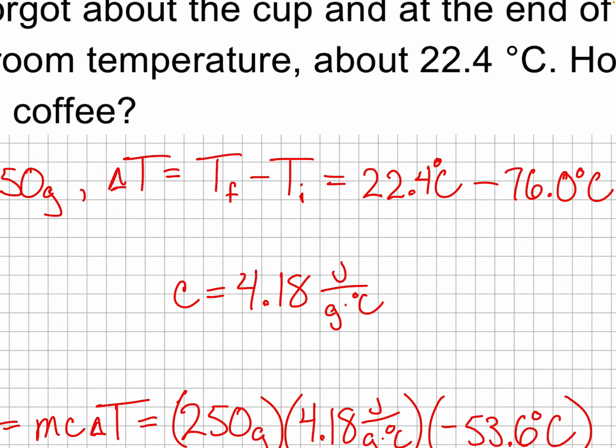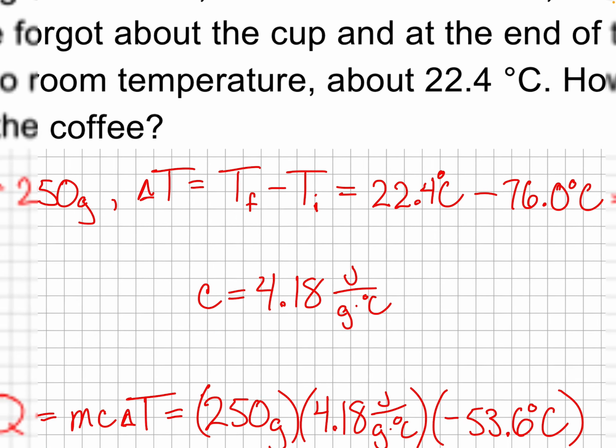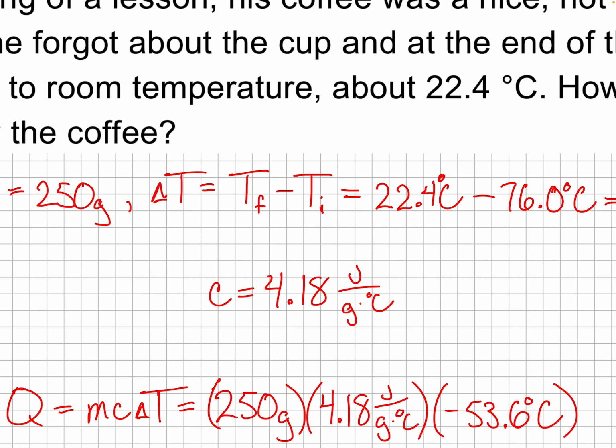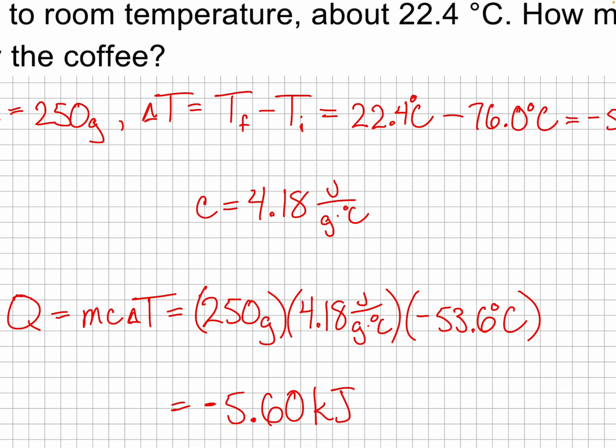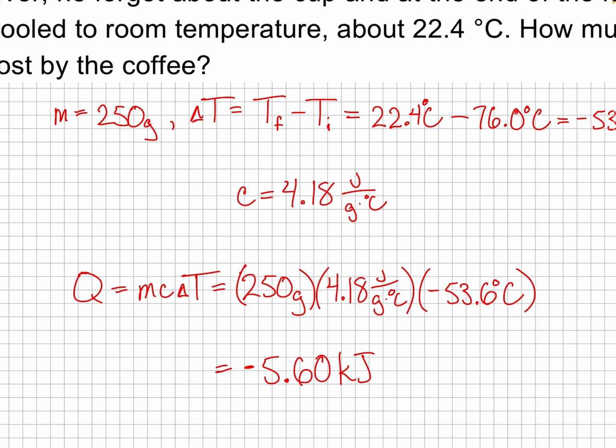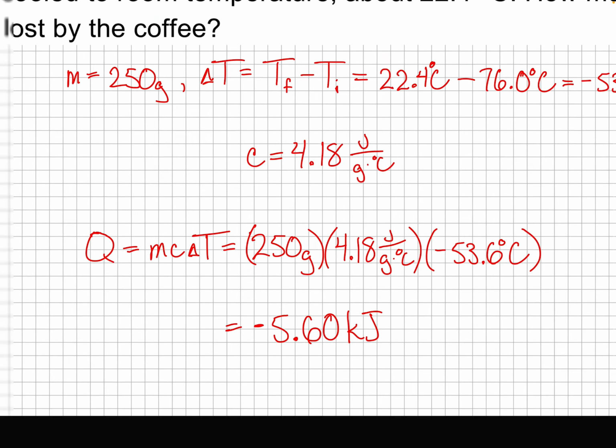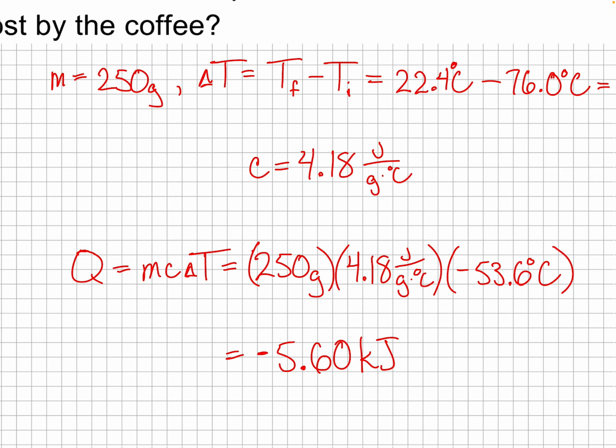Okay, so my specific heat capacity was given in the table in a previous slide at 4.18 joules per gram per degree Celsius. Okay, we then plug our newly defined variables into the equation, and we find that the amount of energy here is negative 5.6 kilojoules.